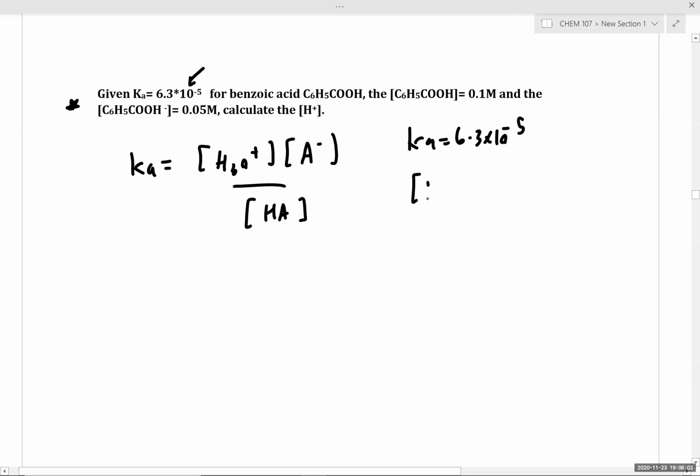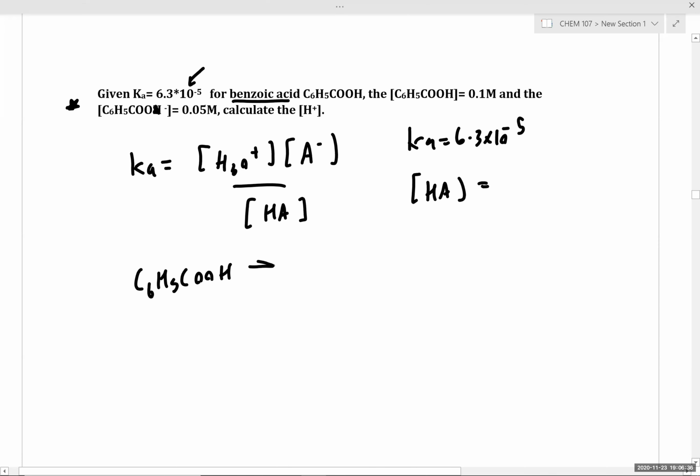So what is our concentration of HA? What is our parent acid in this expression? What is our neutral, non-anionic species? If we're looking at the Ka for benzoic acid, let's write this out.